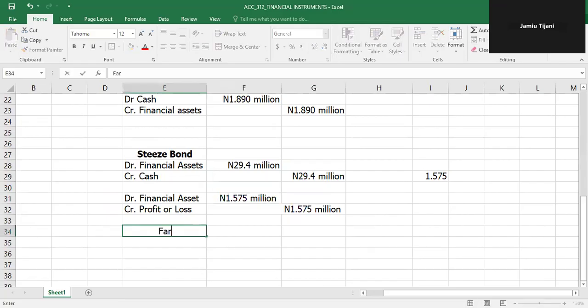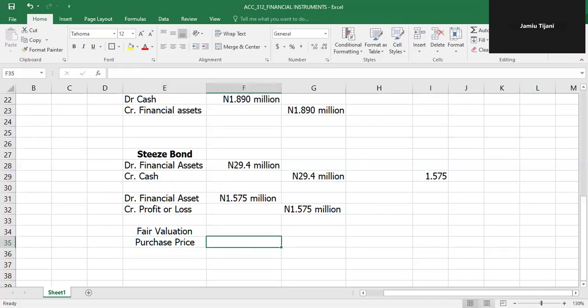So we'll come here and say fair valuation. What is the purchase price? The purchase price of the bond, as you can see up there, is 29.4 million.